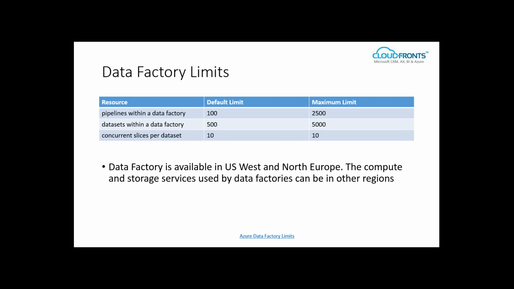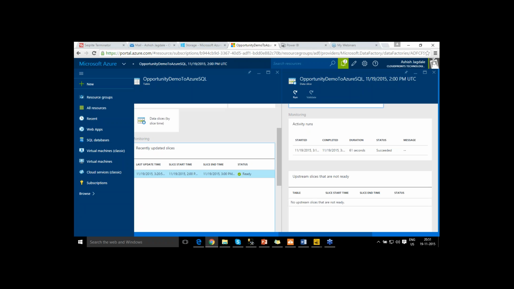You have to select one of these two regions while creating Azure Data Factory, otherwise it won't work. But the compute and storage services, like the blob storage we created, are independent of the location, but the data factory should be in West US or North Europe. So I'll go back to the demo.